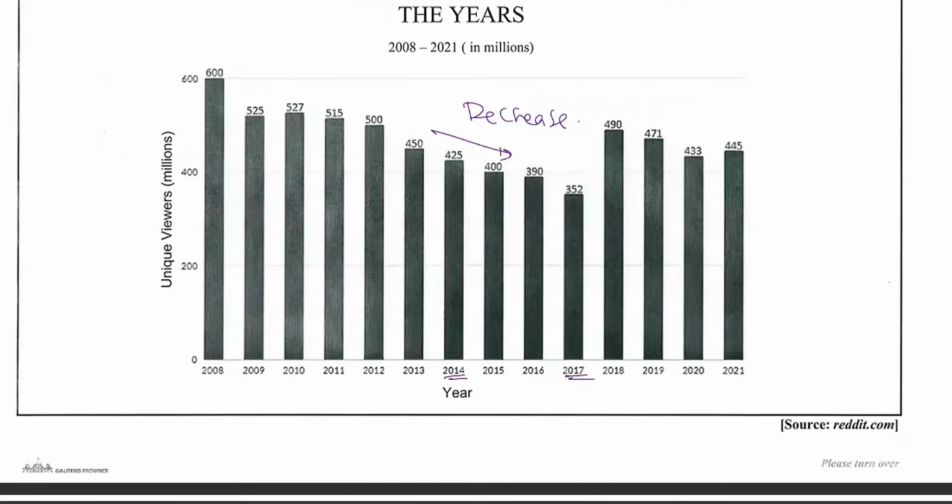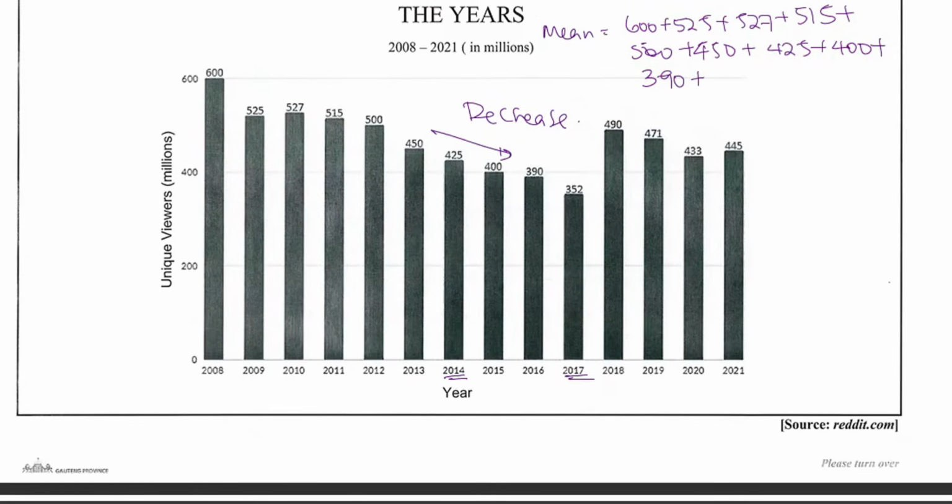So the mean will equal 600 plus 525 plus 527 plus 515 plus 500 plus 450 plus 425 plus 400 plus 390 plus 352 plus 490 plus 471 plus 433 plus 450.